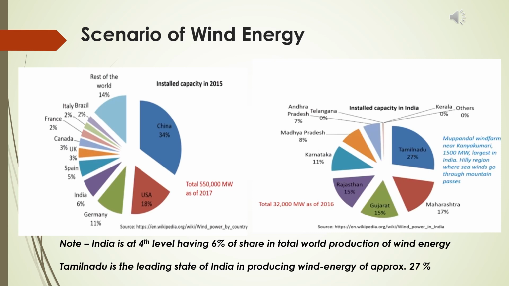And in the other pie chart, you can see very clearly that Tamil Nadu is the leading state of India in producing wind energy, approximately 27%. There is a village in Tamil Nadu, Muppandal Wind Farm near Kanyakumari, which is producing 1500 megawatt of electricity and is the largest in India.